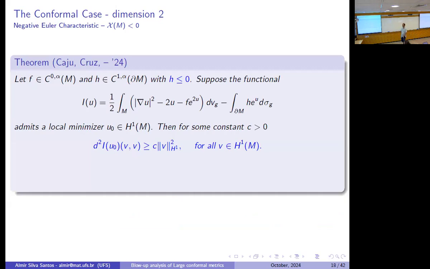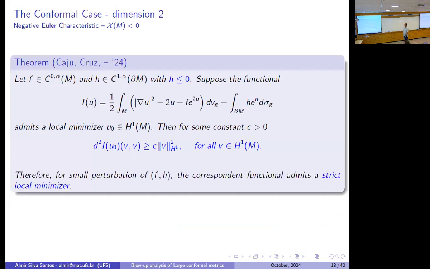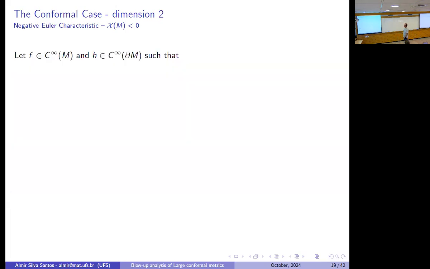This implies that for small perturbations of f and h, if f and h admit a local minimizer, then for the perturbed functional you still have a strict local minimizer. This is a consequence of the Lax-Milgram theorem and the implicit function theorem.